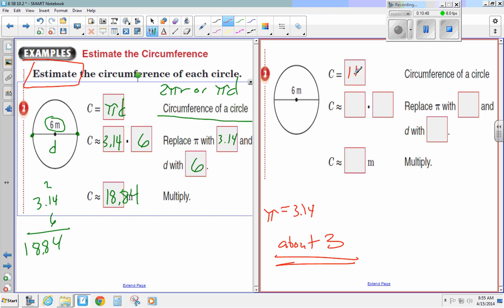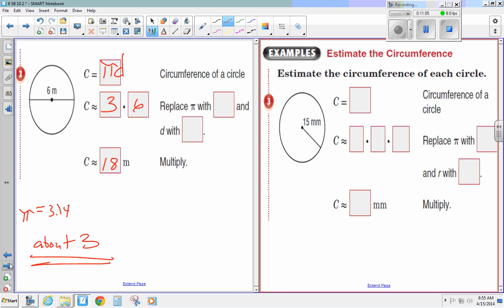So when you put pi d in there, you could have said 3 times 6, which gave us 18 meters. When you look at it, 18 meters here, 18.84 here, that is pretty darn close.